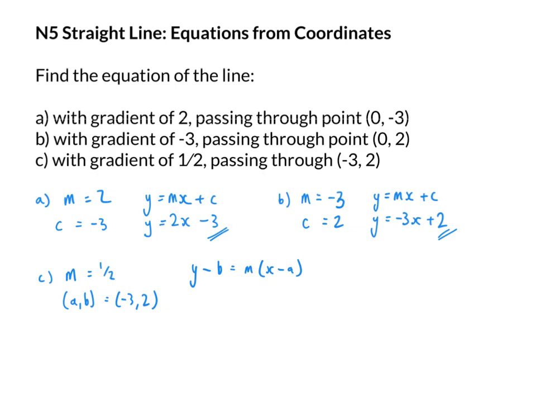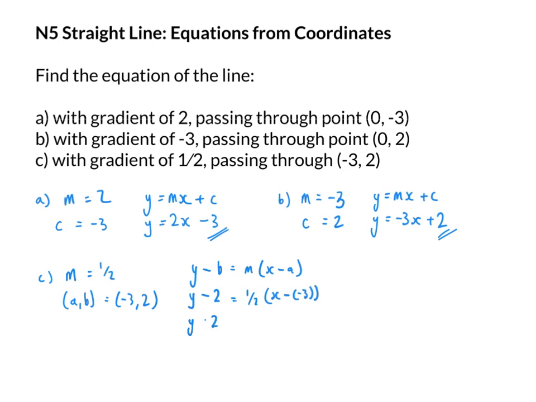I can substitute in my gradient, m is 1/2, and I can substitute in the values for a and b. So I have got y minus 2 equals 1/2 (x minus negative 3). So all I have done there is I have substituted in a and b for the x and y coordinates of the point I know. I now need to multiply this out and tidy it up.